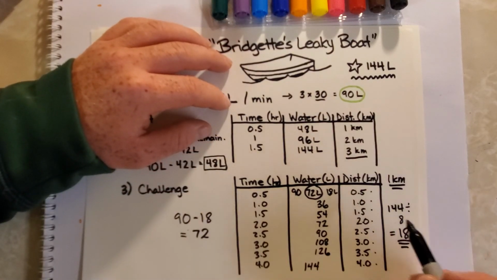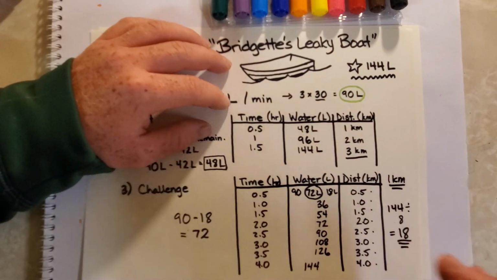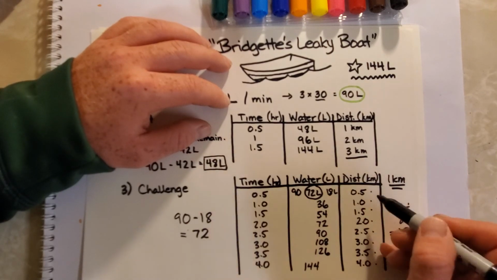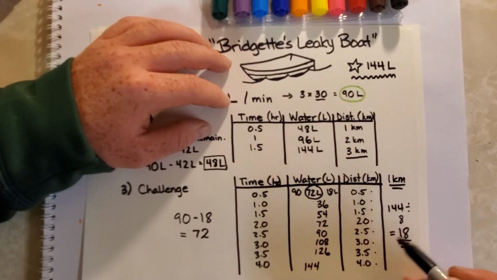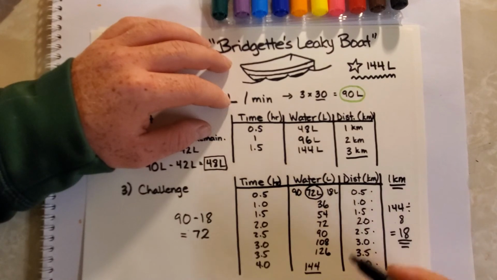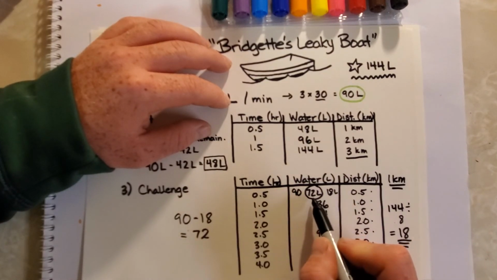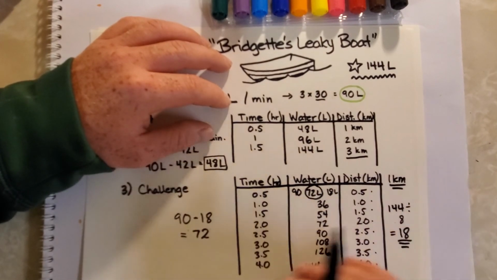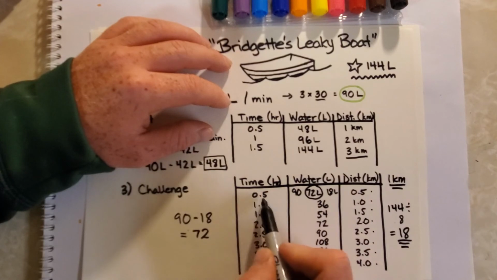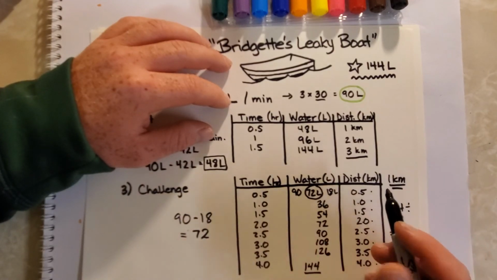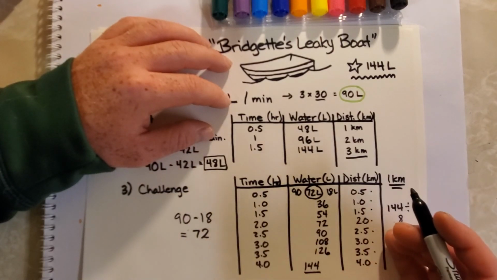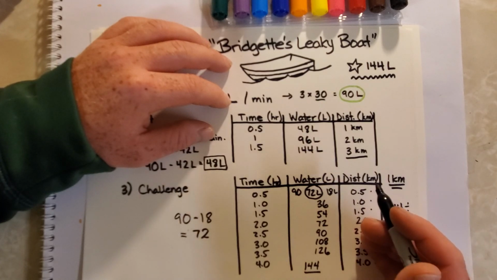So the last thing we have to do, now that I know all my information, okay, so I know that there were 8 increments of time, still 144 liters by the time she gets to the dock, and we've also calculated now that 72 liters have to be bailed out every half a kilometer or every half an hour. But now they want to know how much has to be bailed out every minute.